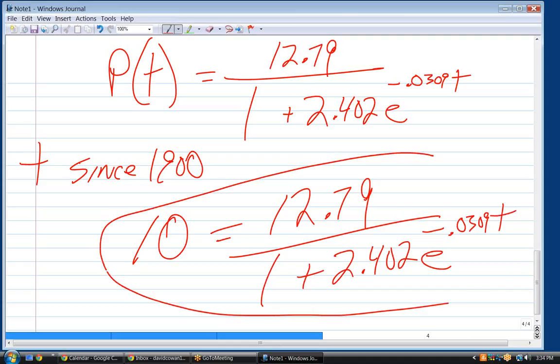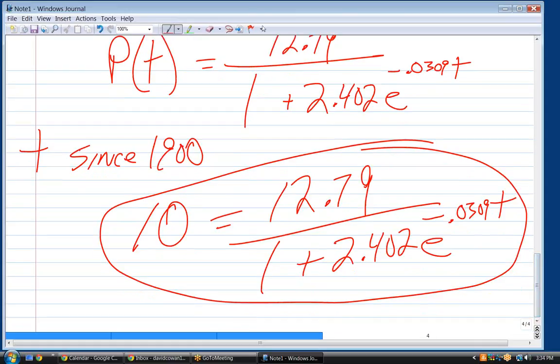Notice that this equation only has one variable in it. E is a number, it's not a variable. So all I have to do is solve that equation. And it will tell me when the population became 10 million. So let's talk about solving this equation.